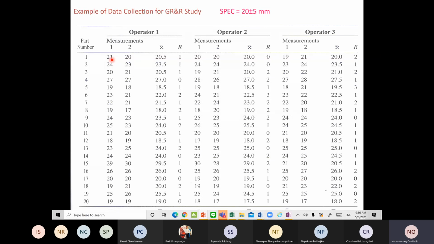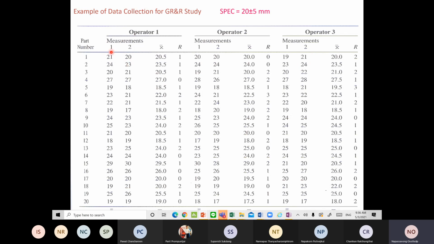Next, I change this number to 21 and 21. These 2 numbers are 20, 20, and these 2 numbers are 19 and 19. If this is the case, the variation happens, right?